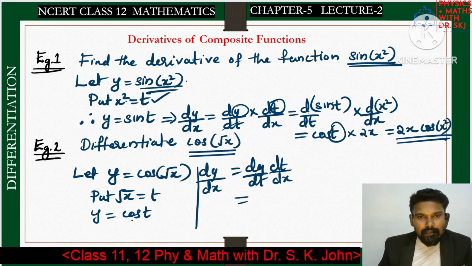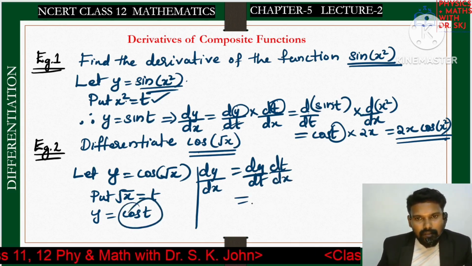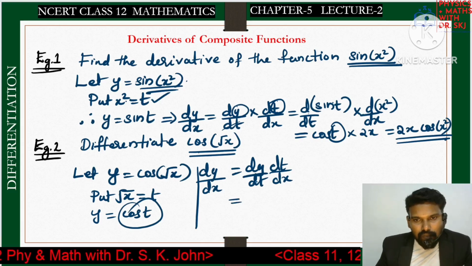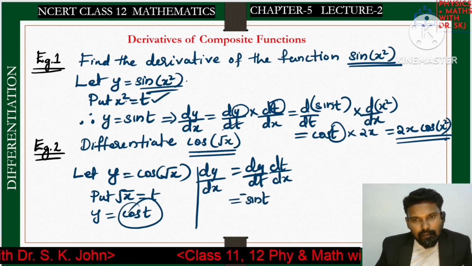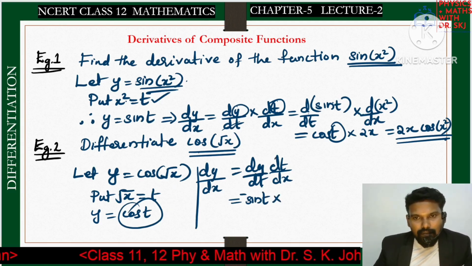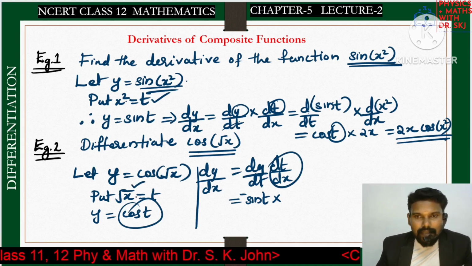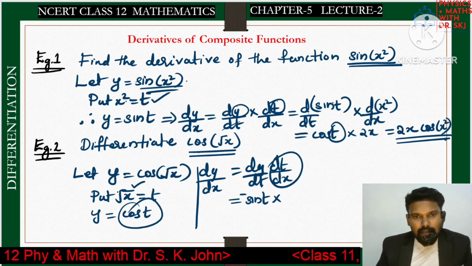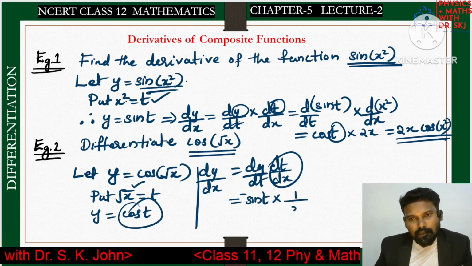What is dy by dt? Y is cos t. We have to differentiate with respect to t. So the answer will be minus sin t. The derivative of cos is minus sin. And what is dt by dx? T is root x, so dt by dx is the derivative of root x. What is the derivative of root x? It is 1 by 2 root x.